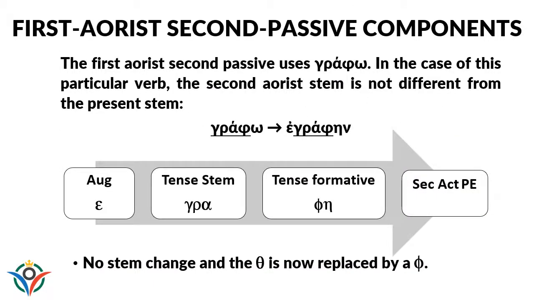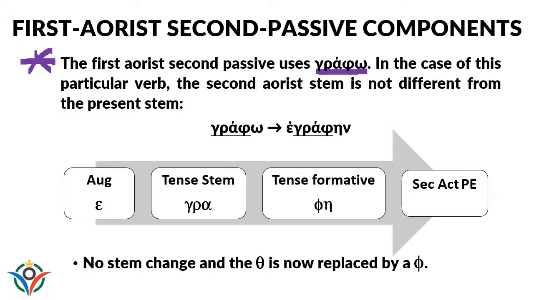Now that we've done some revision of the first aorist first passive, let's move on to the second aorist passive and look at the components. The first thing that I want to say here is that we are going to use grapho, which means I write.